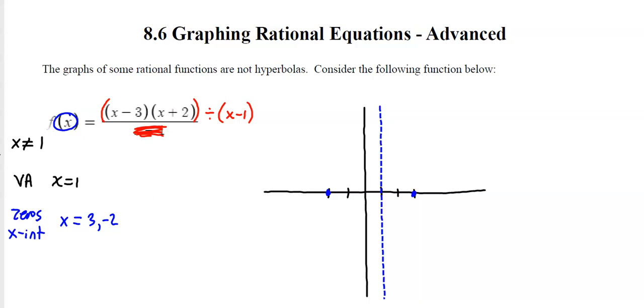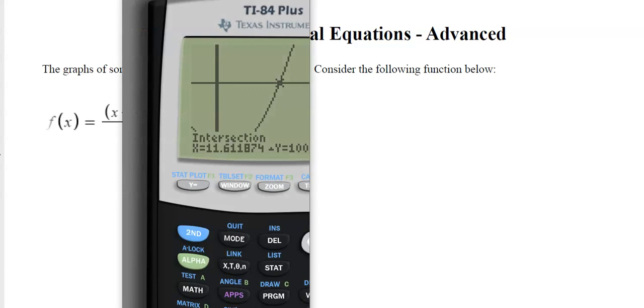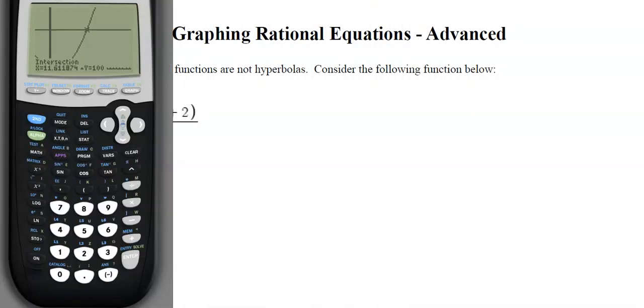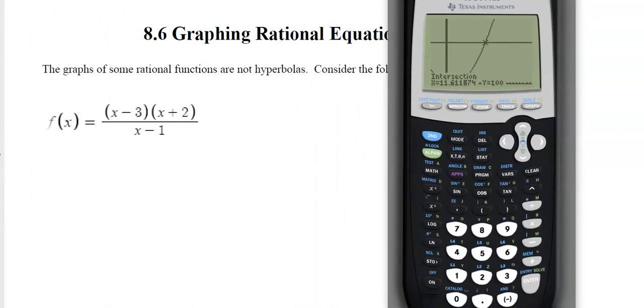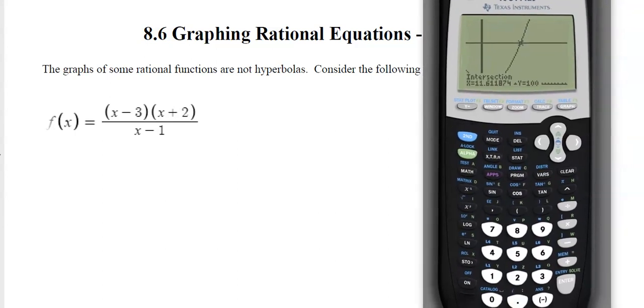I'm going to punch this into the calculator, and you can look at my keystrokes here. Let's open this up, move it over here, and make it a little bit smaller. All right, let's go to y equals. Clear out what we have, some old stuff from chapter 7.